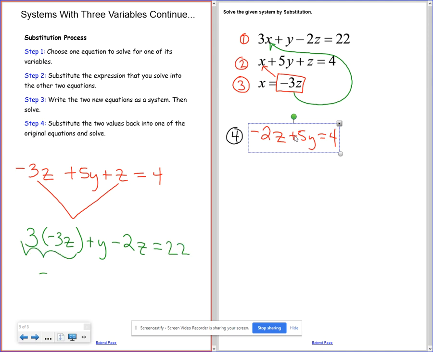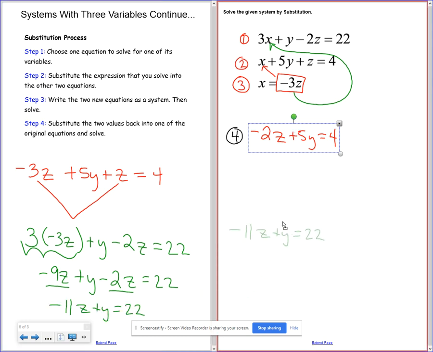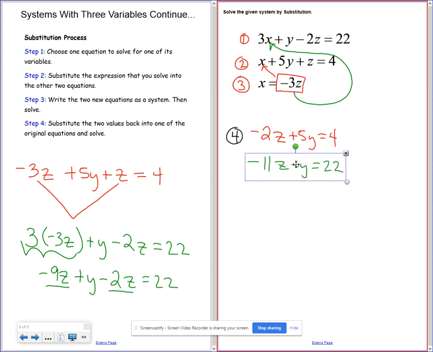Multiply these together, we get negative 9z plus y minus 2z equals 22. Combine like terms. Negative 9z and negative 2z makes negative 11z plus y equals 22. So this is our equation 5.